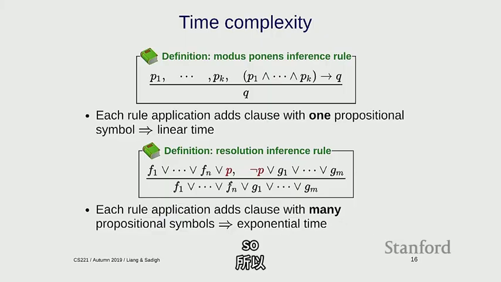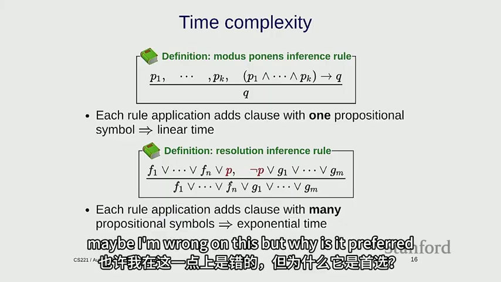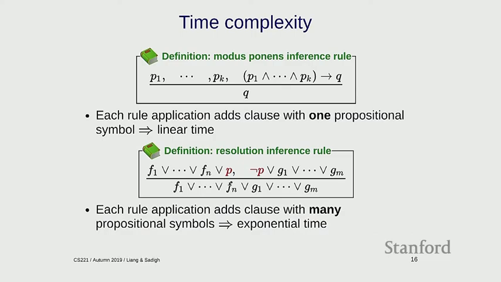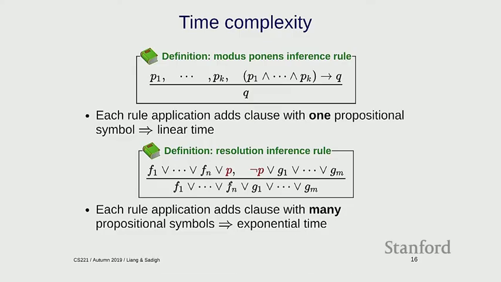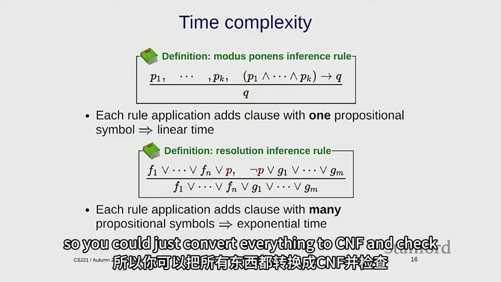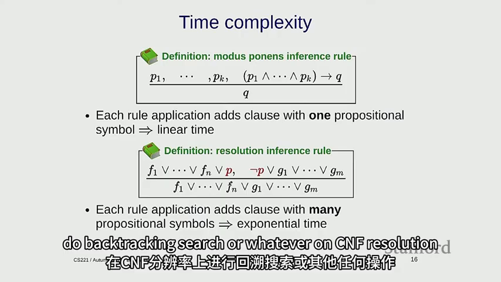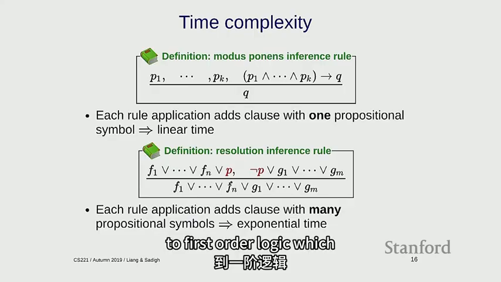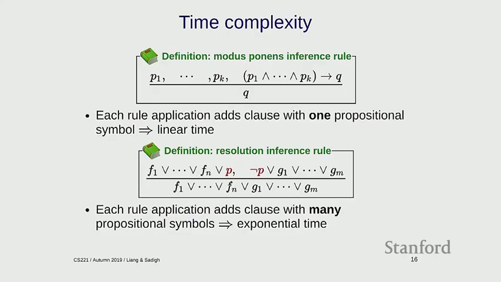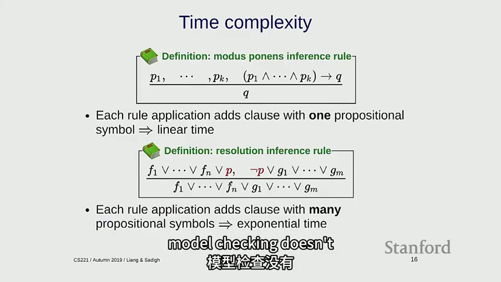Yeah? So why is resolution then, and maybe I'm wrong on this, but why is it preferred? So the question is, why is resolution preferred? You could just convert everything to CNF and do backtracking search or whatever on CNF. Resolution turns out to have generalizations to first-order logic, which model checking doesn't.